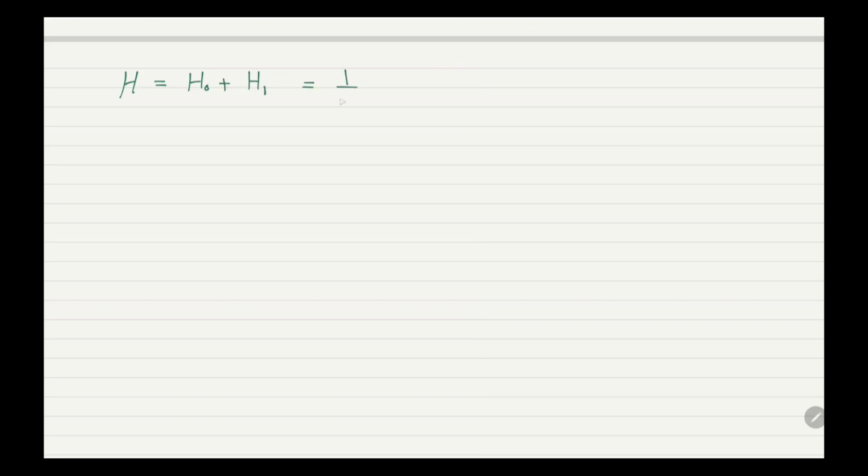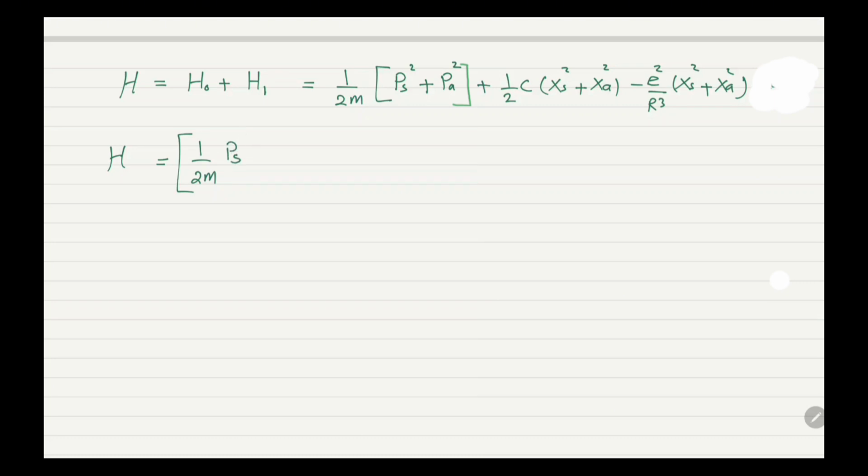In other words, 1 over 2m times p symmetric squared plus p antisymmetric squared, plus half c times x symmetric squared plus x antisymmetric squared, minus e squared over R cubed times x symmetric squared plus x antisymmetric squared. So we get 1 over 2m p symmetric squared plus half c plus e squared over R cubed times x symmetric squared.